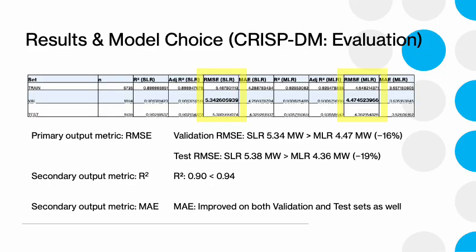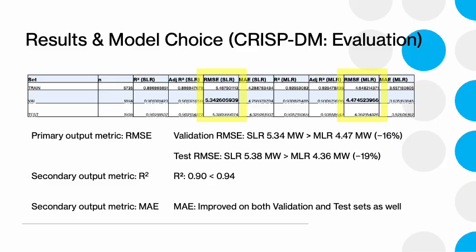So for the results, on the validation set, root mean squared error drops from 5.34 megawatts with the simple model to 4.47 with the multivariate model. That's a 16% reduction. On the held out test set, that improvement continues and holds with a 19% advantage. Additionally, mean absolute error also improved.